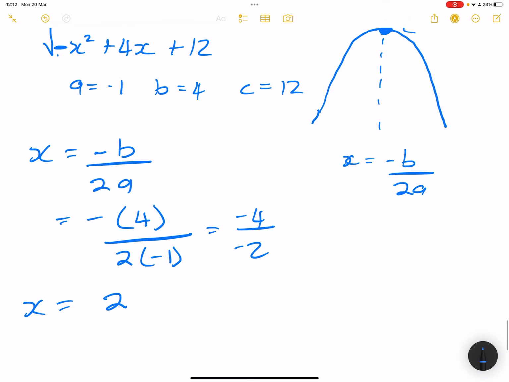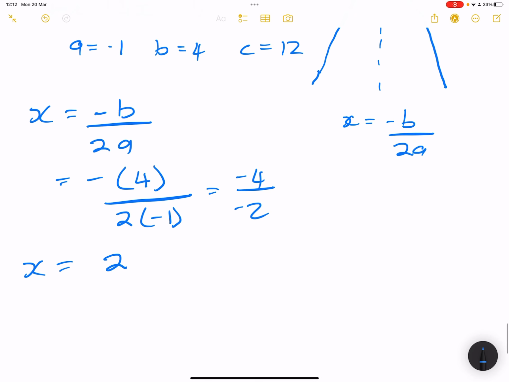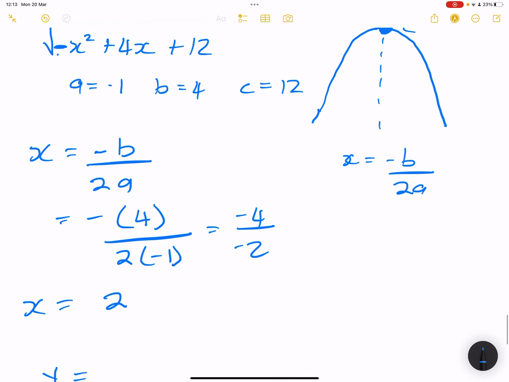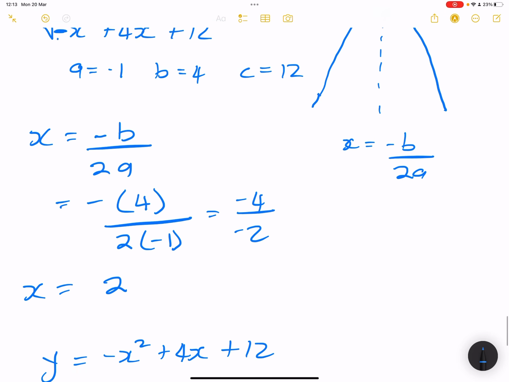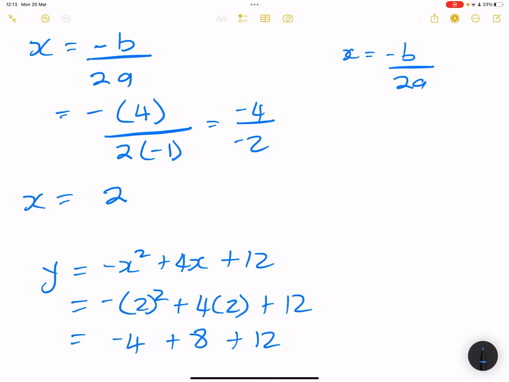Okay, now we're going to take that value and find the y value of that turning point, and our expression is minus x squared plus 4x plus 12. Sorry for writing it at the bottom there. So that's minus 2 squared plus 4 times 2 plus 12. So you've got negative 4 plus 8 plus 12.